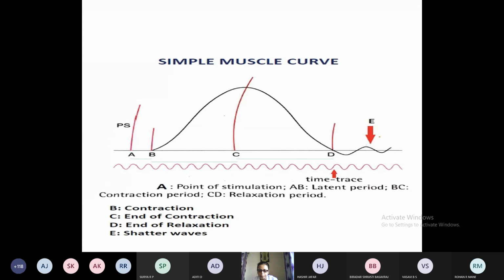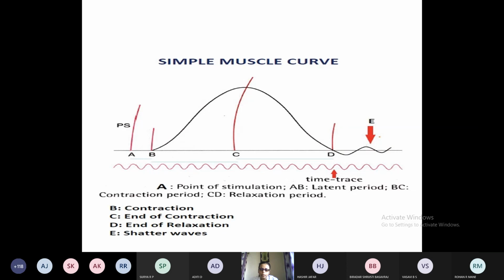After that, once this is formed, it has to stretch the elastic elements which are present in a muscle, especially in the tendons. So that is one more reason why this latent period is happening. And apart from all these things, another important thing is the inertia of the writing lever.